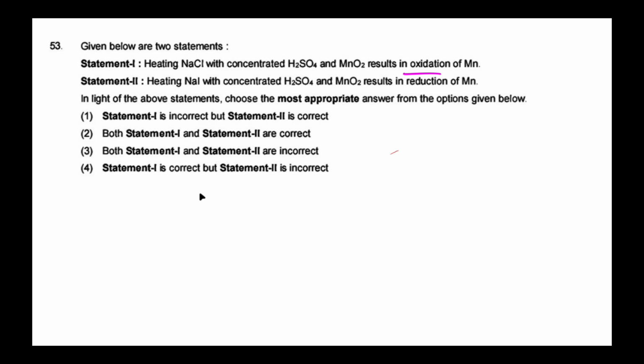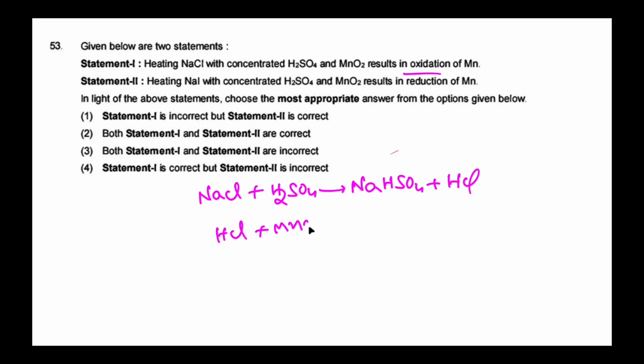So here first NaCl treated with H2SO4 is converted into NaHSO4 plus HCl. Further, this HCl treated with MnO2 will become MnCl2. For example, 4 moles of HCl converted into 2H2O, it releases chlorine gas.